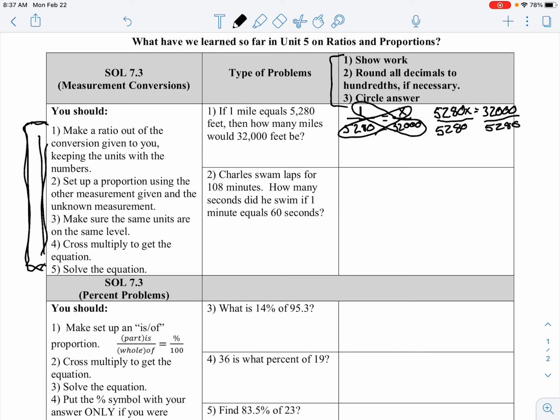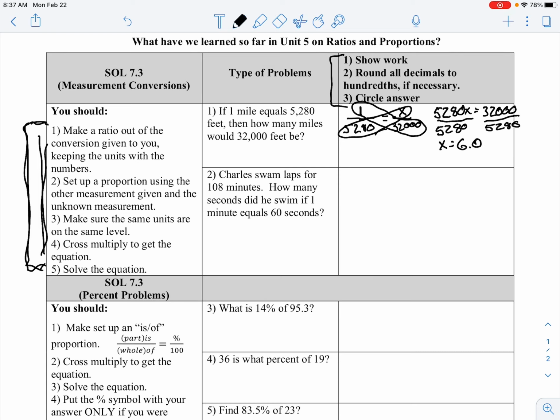And that is going to be, we're rounding to hundredths, right? So I got x equals 6.0606, and that goes on like that. We are rounding to hundredths, which is this place here. So I'm going to look to the right. It is smaller than 5, so we are going to get rid of the rest of it.